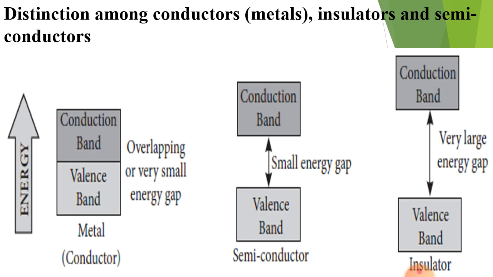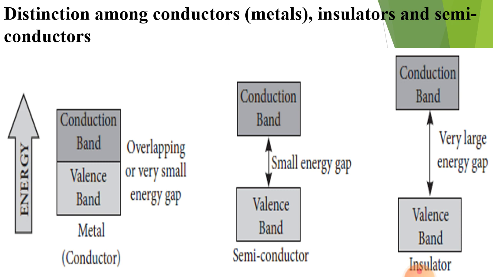Now, distinction among conductors, that is metals, insulators and semiconductors on the basis of band theory. Here two types of bands are shown, one valence band and second conduction band.